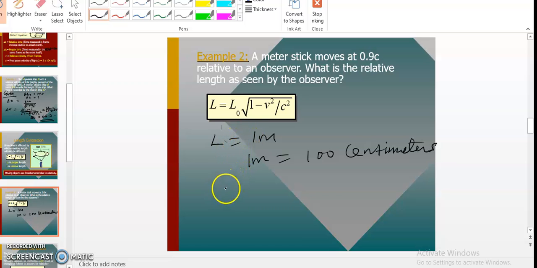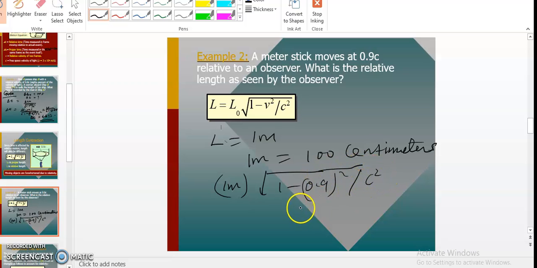That will be 1 meter times the square root of 1 minus, we are given 0.9 as the relative velocity, so it is 0.9 squared, c squared.